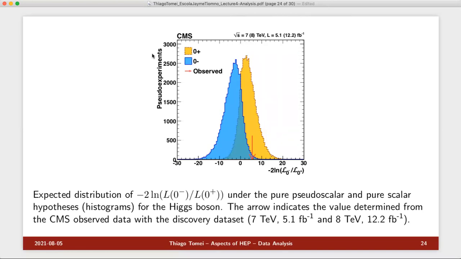And it's this thing here. And then you ask yourself, am I so far away in the tail that it's much more probable that the true distribution is the yellow and not the blue?